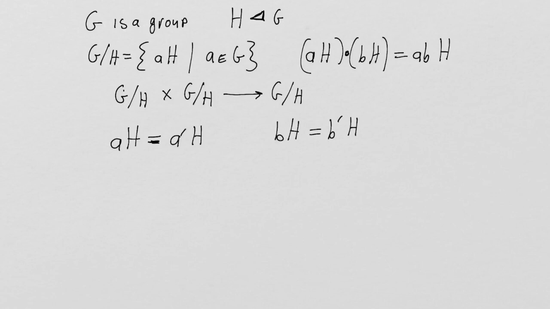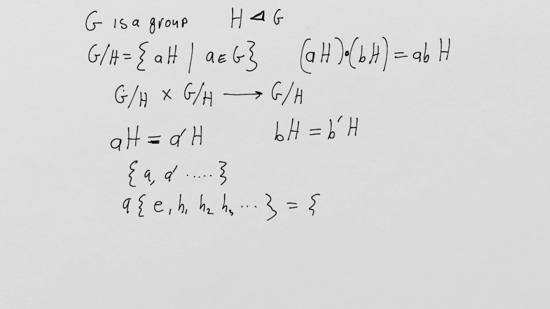Well, I know that if this coset is the same as that coset, then this coset contains A prime and some other elements. But remember how the coset was derived. The coset was derived by me taking A and multiplying it by the members of H, H1, H2, H3, etc., right?